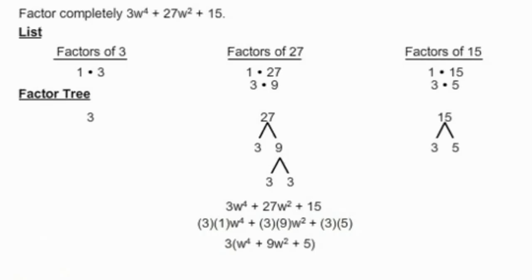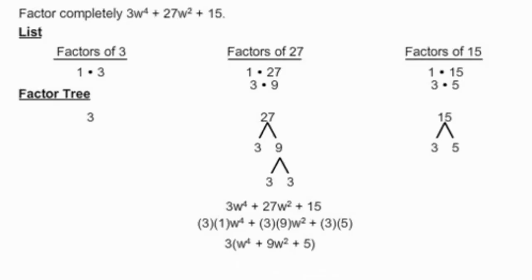Do the terms have any w's in common? It may help you to see any common variables if they are shown in expanded form. Since the last term is a constant, there isn't a variable that is common among all terms, so the greatest common factor, GCF, must simply be 3.